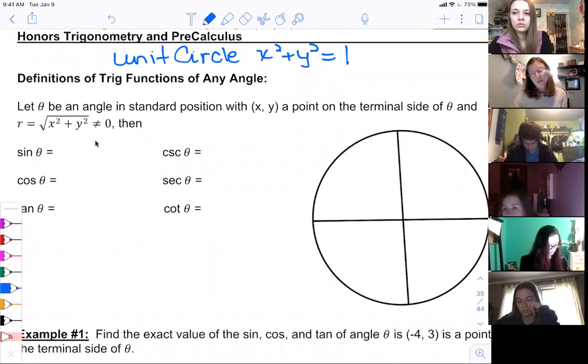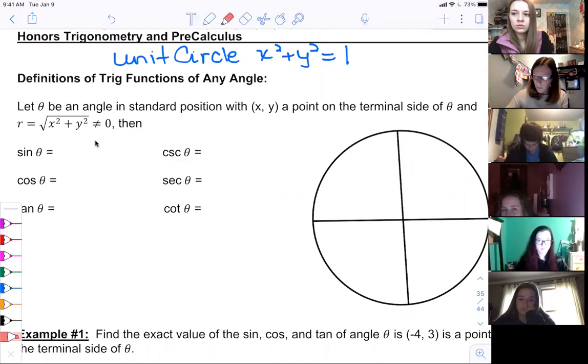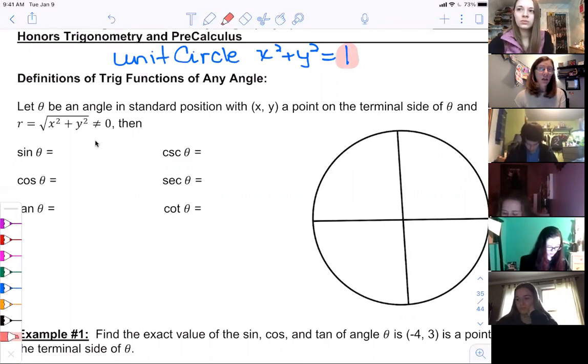In geometry, you really did talk about the equation of a circle, the formula for a circle. You graphed some circles. It may have seemed like that was forever ago, but the equation for a circle is x squared plus y squared equals r squared. The unit circle is special because the radius is 1, and that's what that other value represents. So x squared plus y squared equals 1. That represents the radius. So when it's the unit circle, the radius is 1.